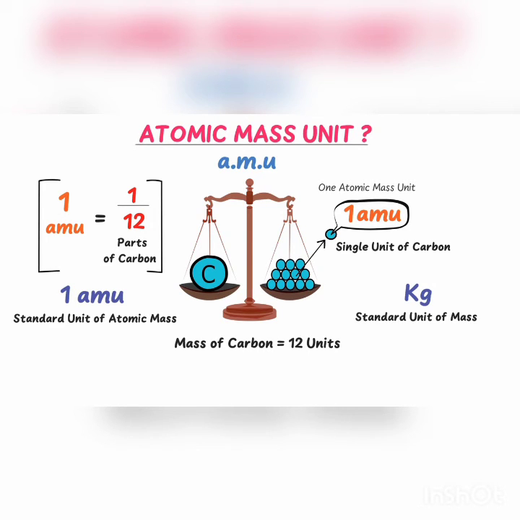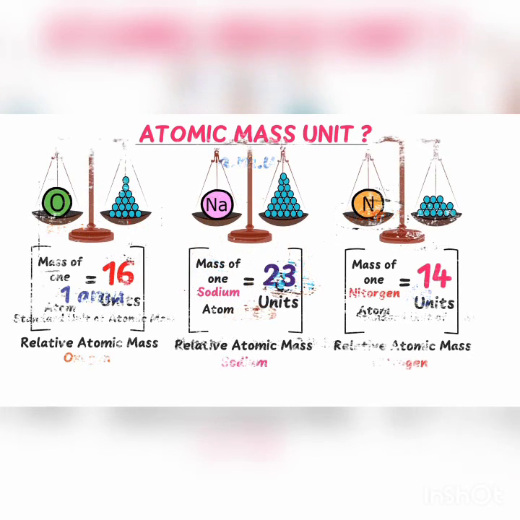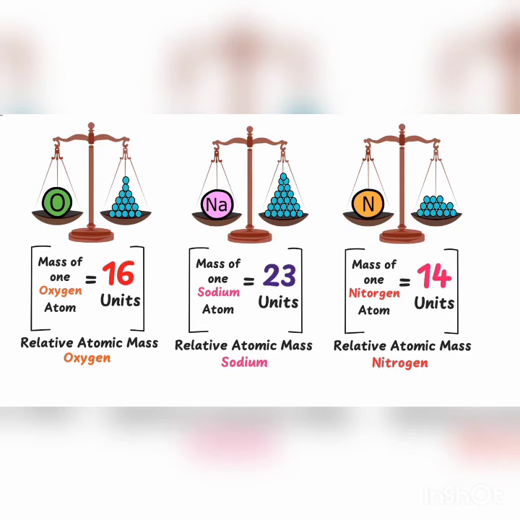Now we have to modify the relative atomic masses. For example, we wrote in the previous slide that the relative atomic mass of 1 oxygen atom is equal to 16 units of carbon. Instead of 16 units of carbon atom, we can write it as the relative mass of a single oxygen atom is equal to 16 AMU or 16 atomic mass unit.